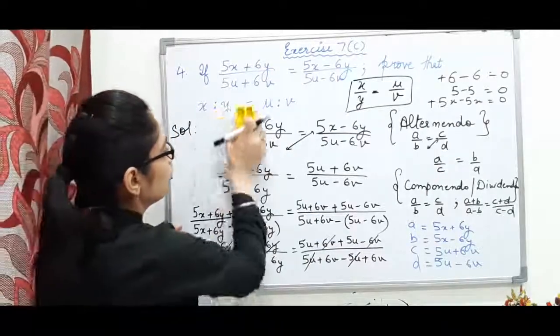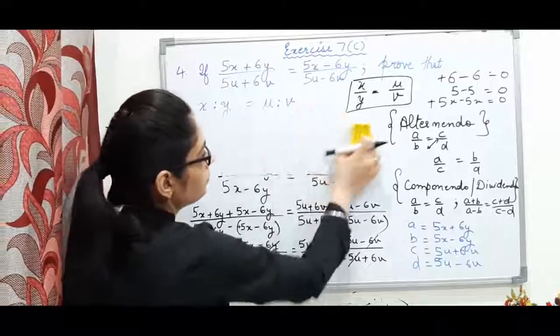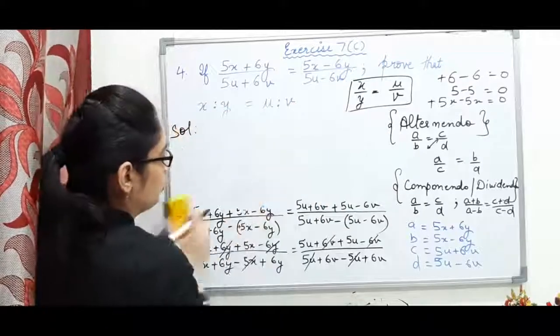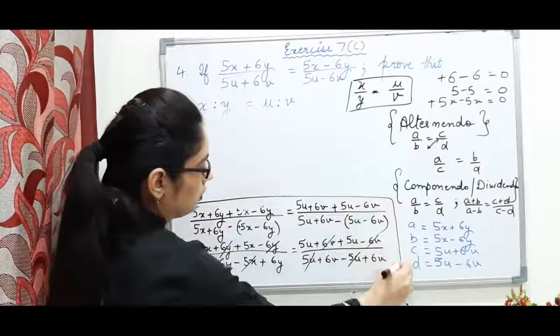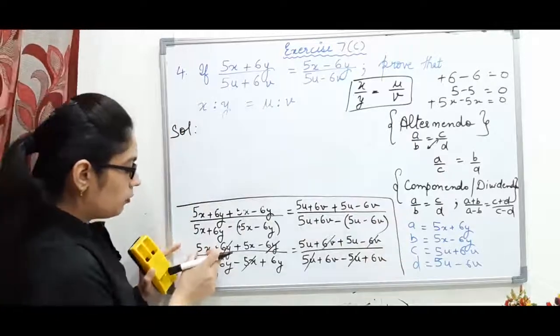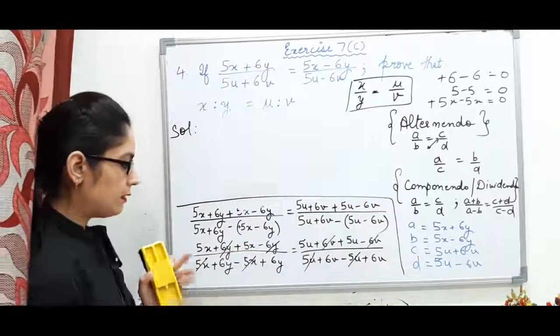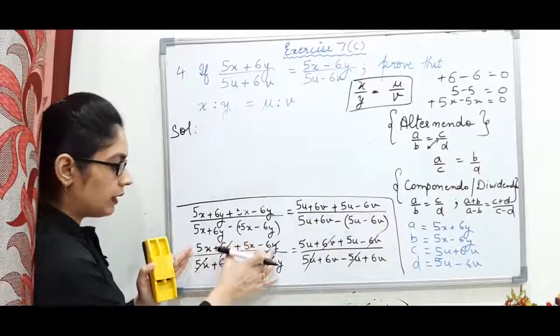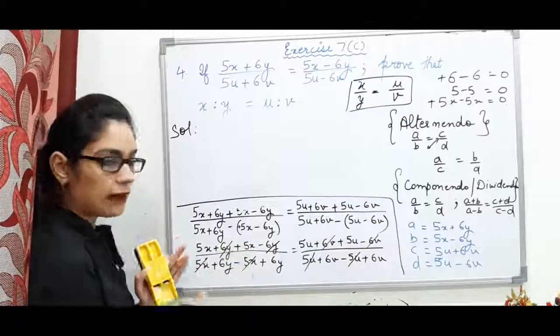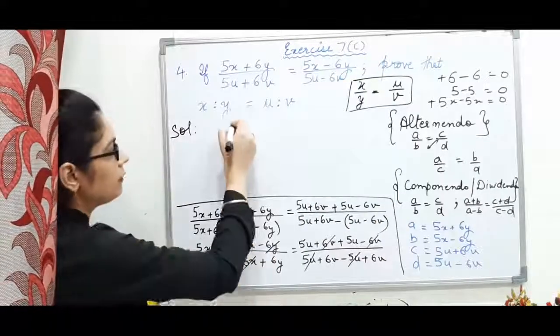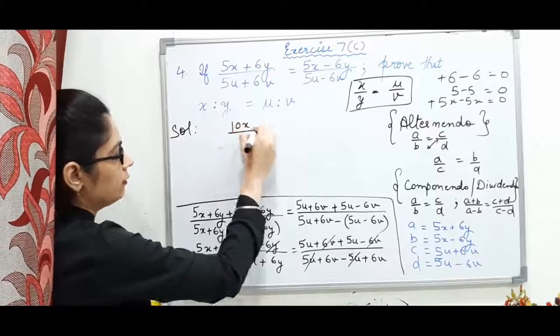Now let's solve it further. Now 5x and 5x are like terms, and both are in plus form. So 5 plus 5 is 10, x as it is we can write it.